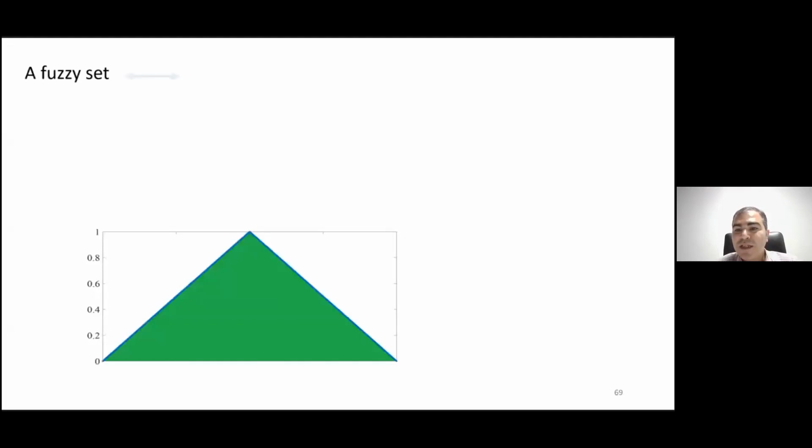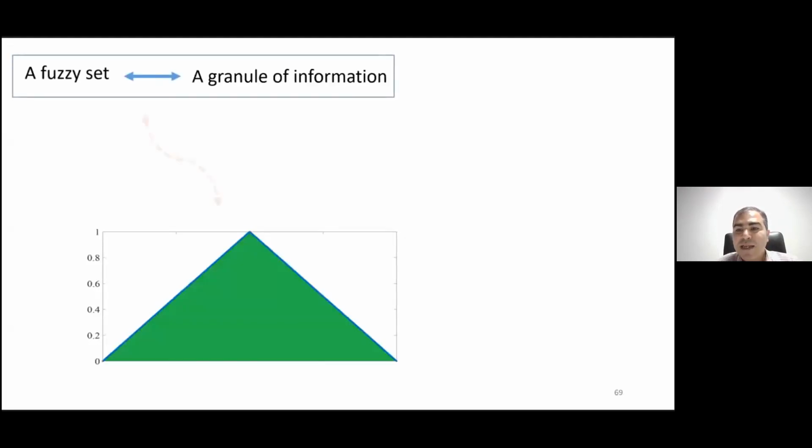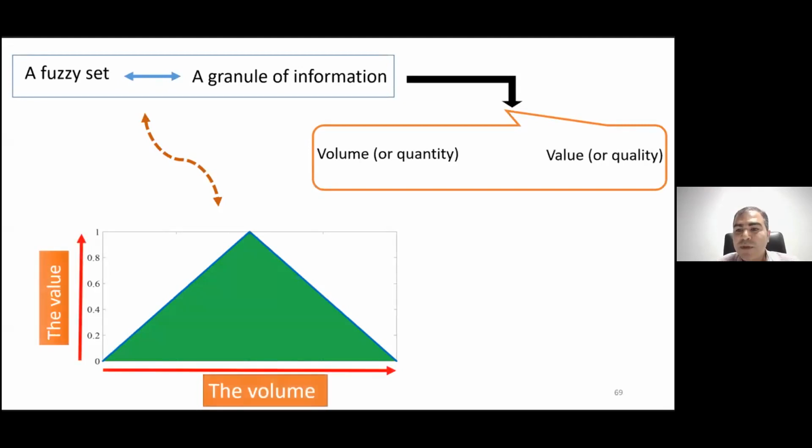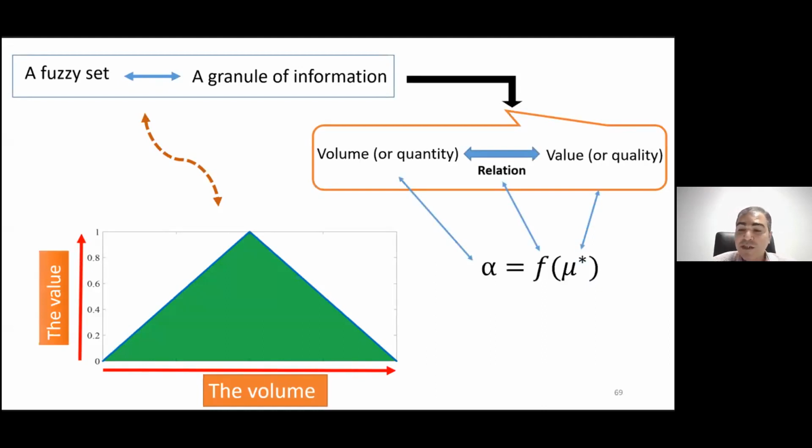As a starting point for our discussion, it is convenient to consider a fuzzy set as a granule of information. Such a viewpoint directs us to consider not only the value, but also the volume of information included in the fuzzy set. Viewed in this perspective, the relation between the value or quality and the volume or quantity of the information plays a major role in making a decision based on given information.